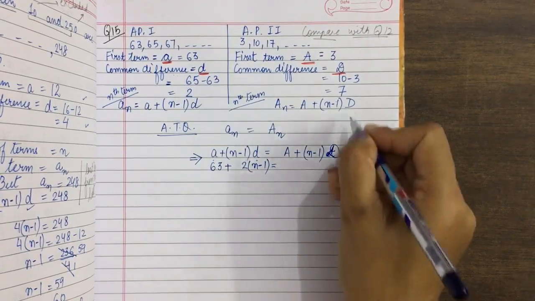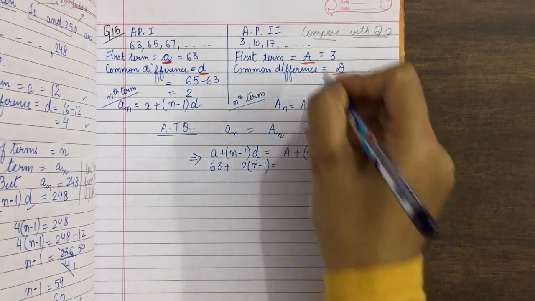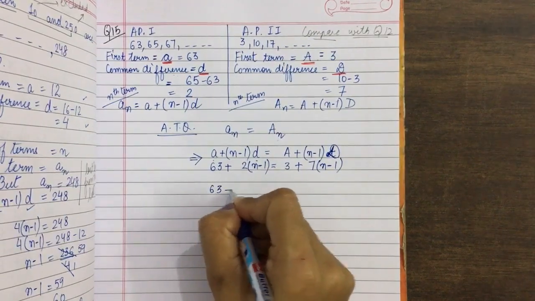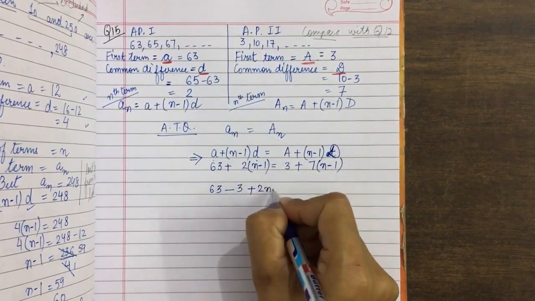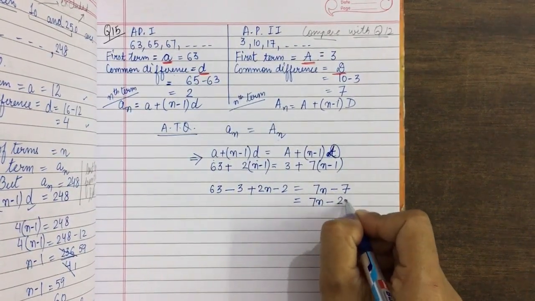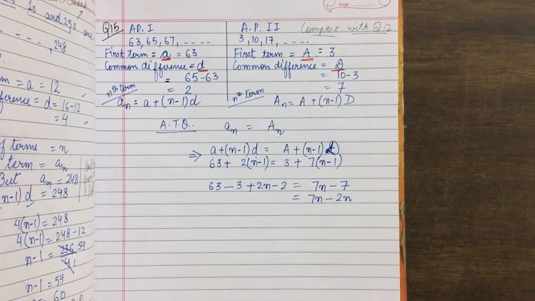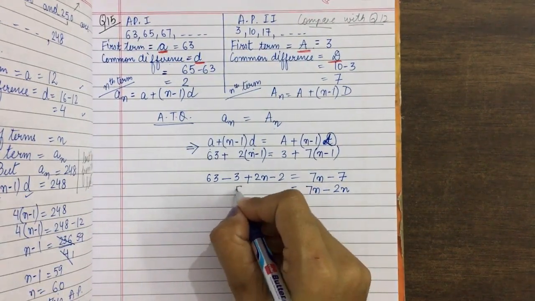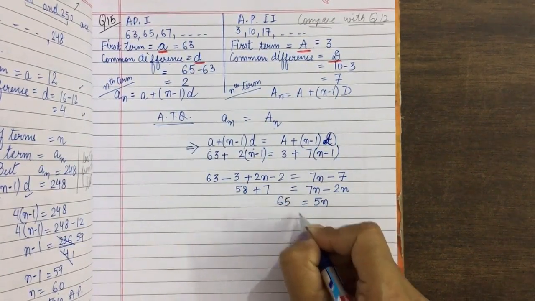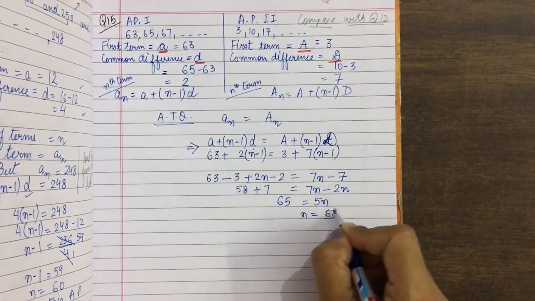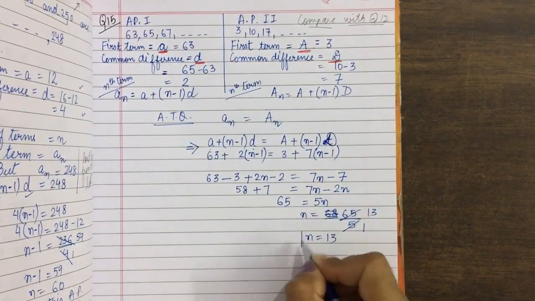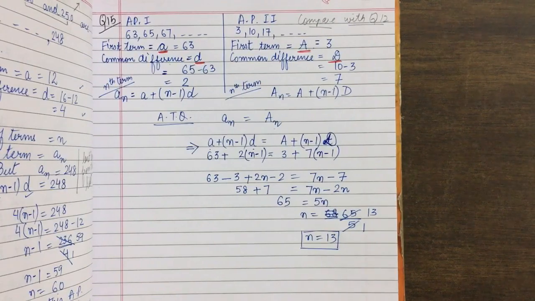I had written by mistake, this should be capital D here, capital A. Use the values and now solve. N comes out to be 13.